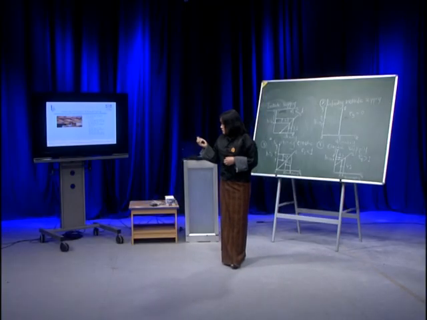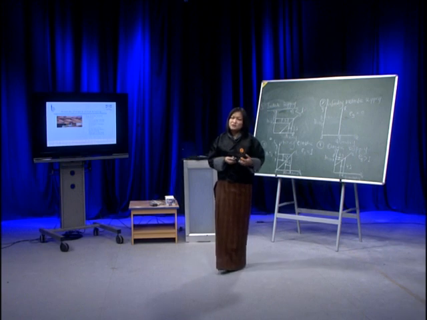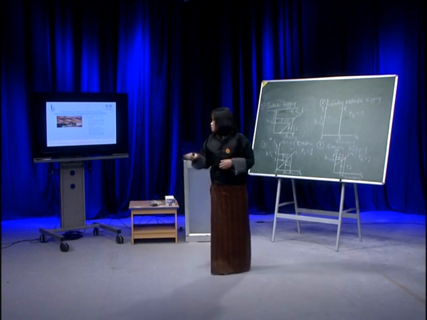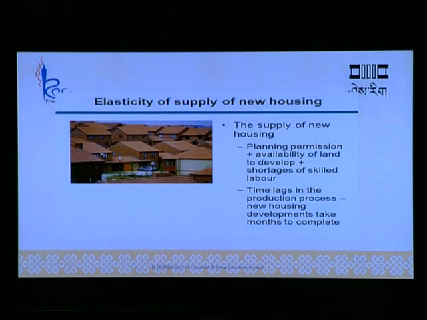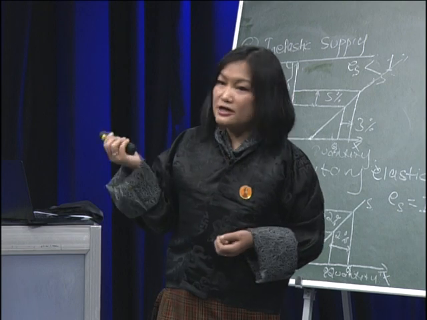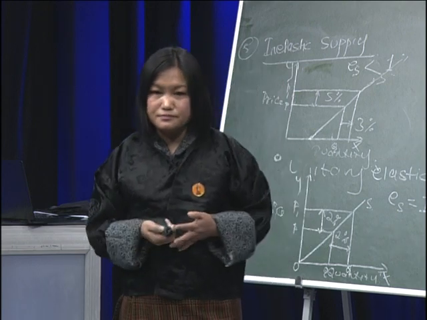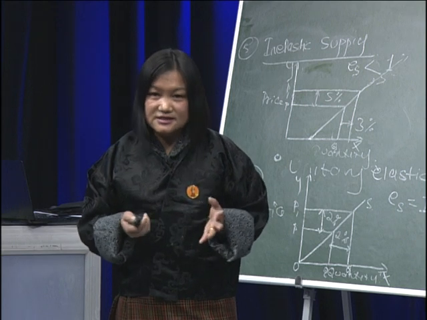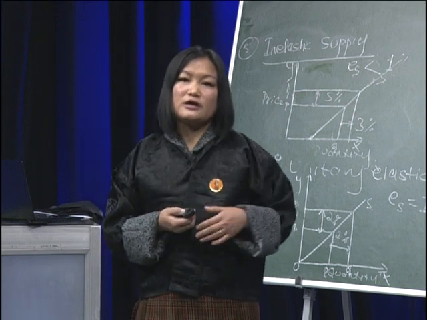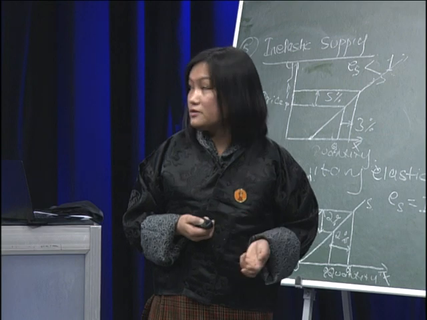So you can take an example of this house. We know that a lot of things are required to construct a house. For example, for the supply of new housing, we need planning permission from the authority to construct the houses, plus availability of land to develop the houses, because we know that land is fixed, land is inelastic in supply, so we have to consider whether it's available or not.